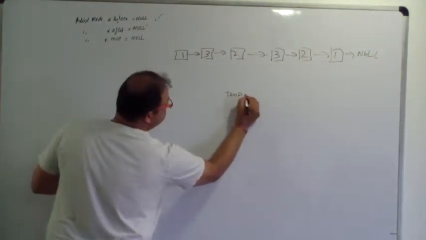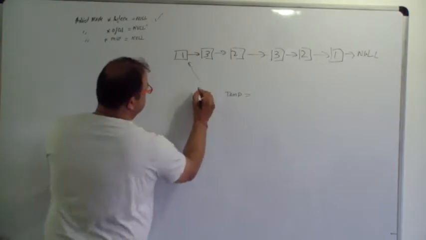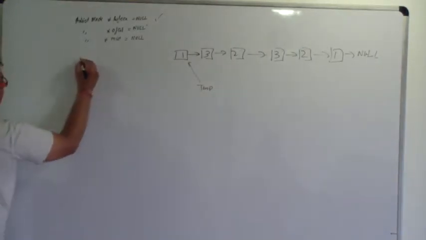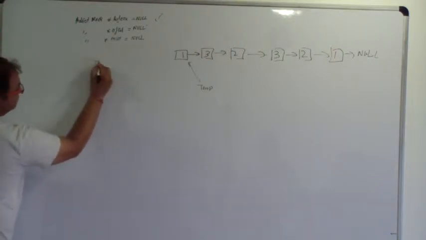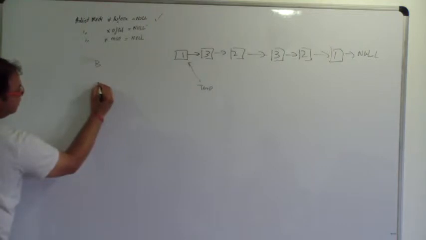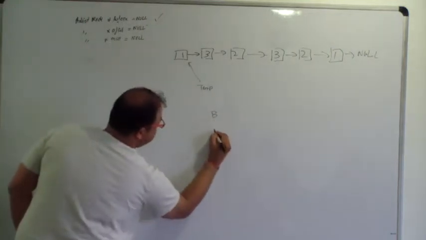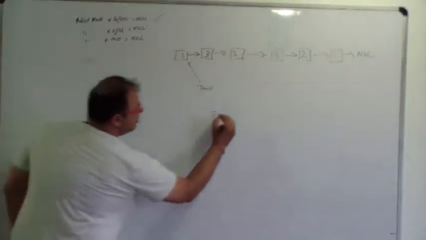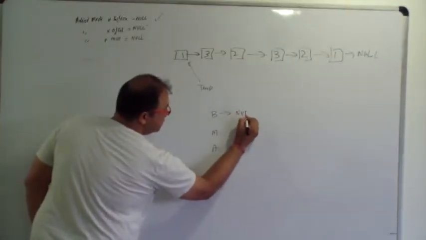So temp is pointing over here. Okay, right? Before is B, and I will write before B and middle and after. Okay, and all of them are pointing to null.